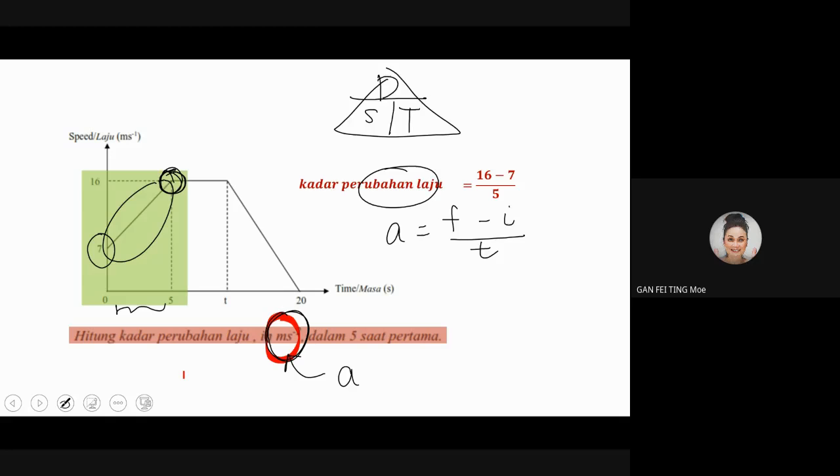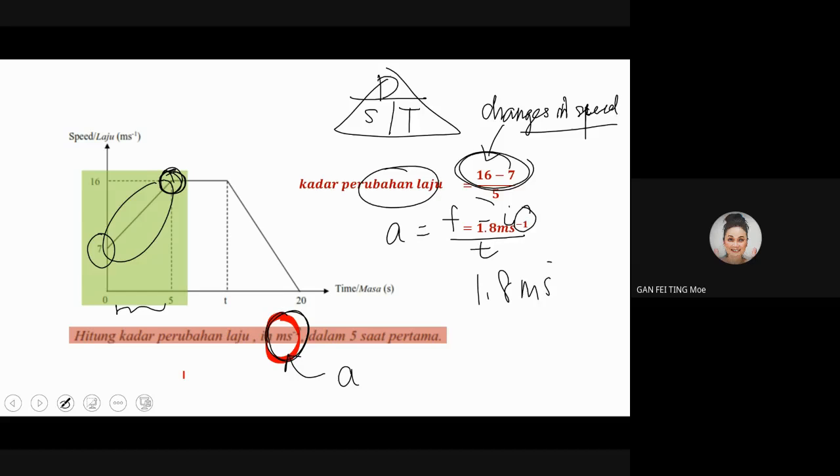So the change in speed is the final minus the initial, and you get 1.8 meters per second. I put the unit wrongly earlier; it is 1.8 meters per second, right?